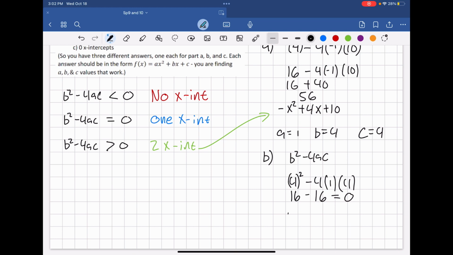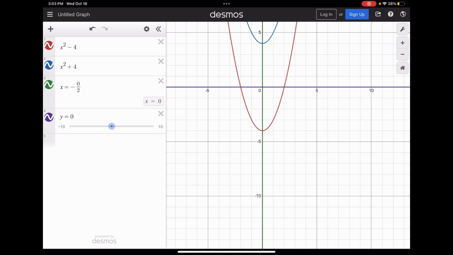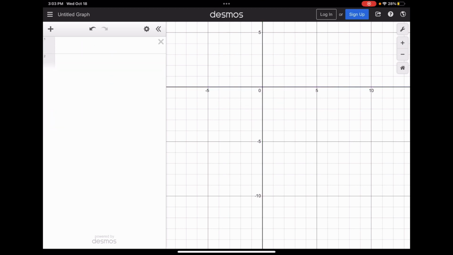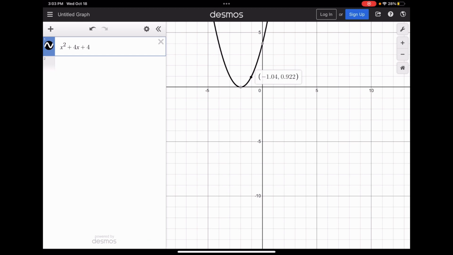So the full equation would be x squared plus 4x plus 4 is equal to 0. Boom. Now let's double check that with Desmos. So I can exit all this, and we said x squared plus 4x plus 4 is equal to 0. Boom, I did it right.